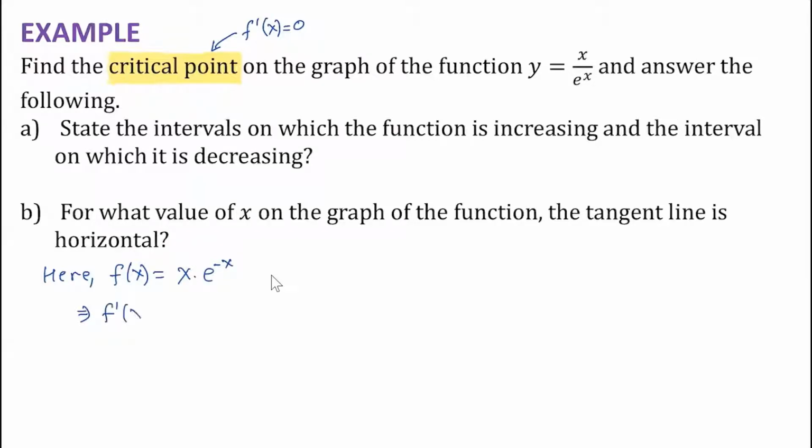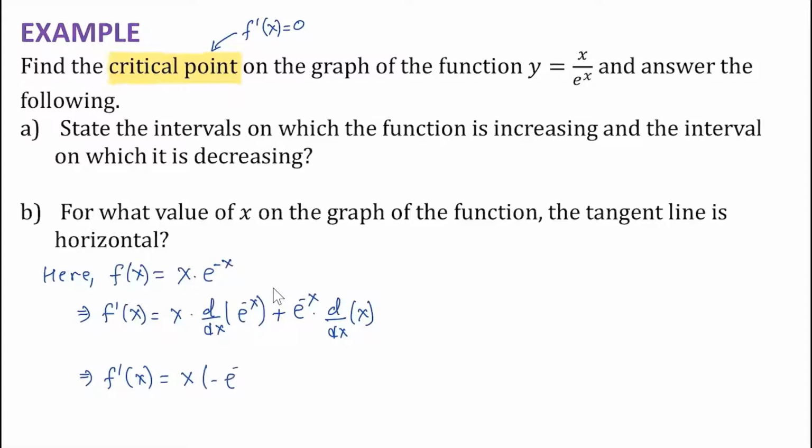Now the derivative is equal to, using the product rule, first function x multiplied by the derivative of the second, plus second function e to the negative x multiplied by the derivative of the first. So my first derivative will be equal to x multiplied by the derivative of e to the negative x, which is negative e to the negative x, plus e to the negative x multiplied by 1.